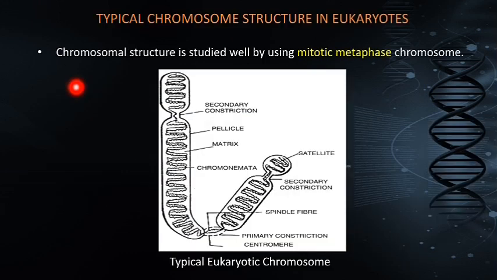Most studies show that the mitotic metaphase chromosome is best suited for the comprehensive study of chromosome structure. Here I am showing you the typical chromosome structure with all of its components. In the coming slides I will try to explain each component in detail.